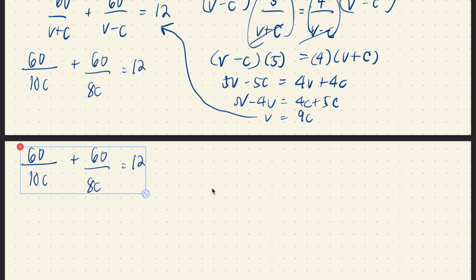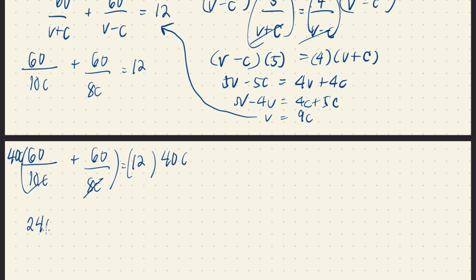Okay. So we can multiply both sides by 40c. So that will just cancel this out, and then it will have 4 times 60.